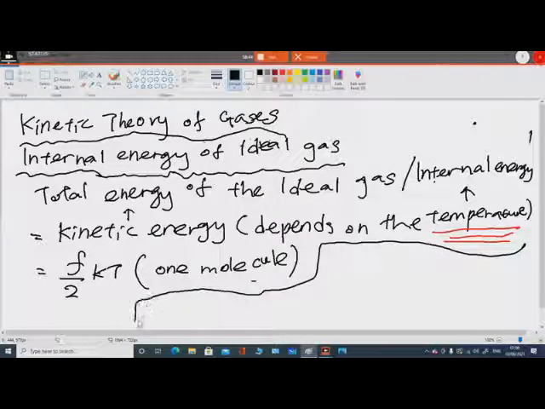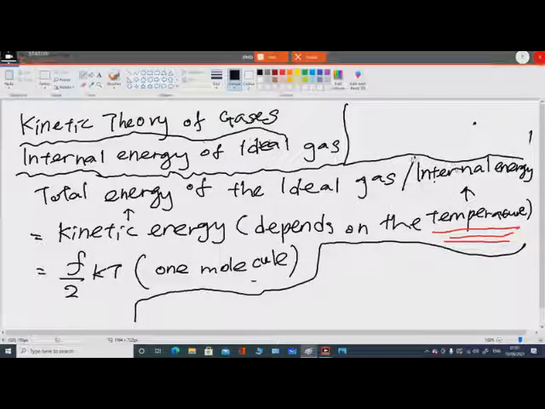What if I need to find the internal energy? Before that, I have to note another thing. As we discussed, the internal energy is based on the temperature of the gas.